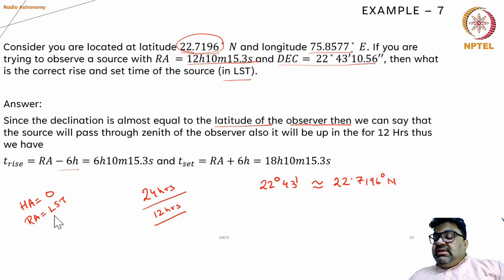So the LST of the rise is 6 hours before and LST of the set is 6 hours after the RA. So you simply just subtract 6 hours to calculate the RA in LST. That is 6 hours, 10 minutes, 15.3 seconds, and set is 6 hours after the RA, and that is 18 hours, 10 minutes, and 15.3 seconds.